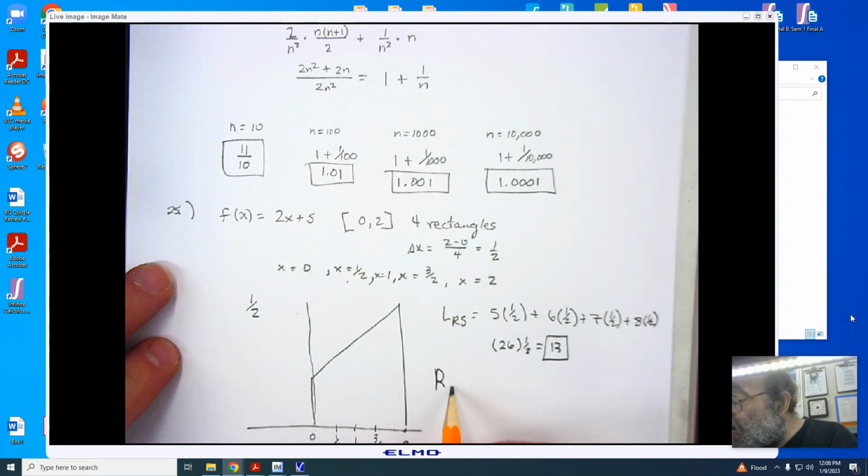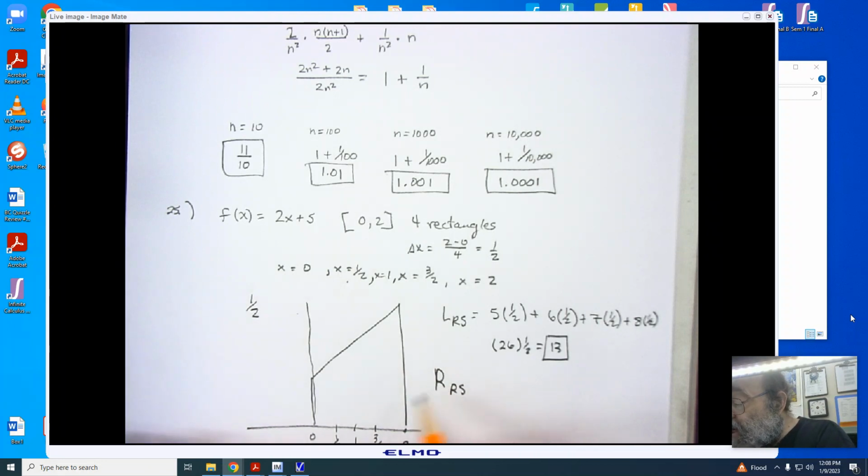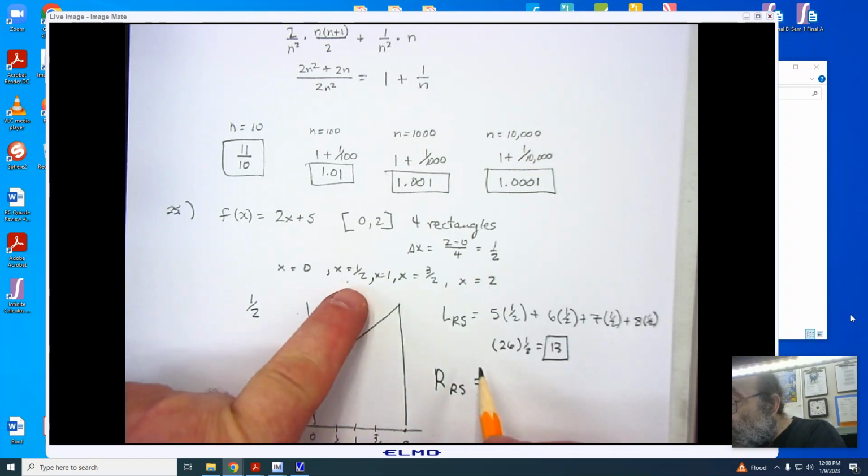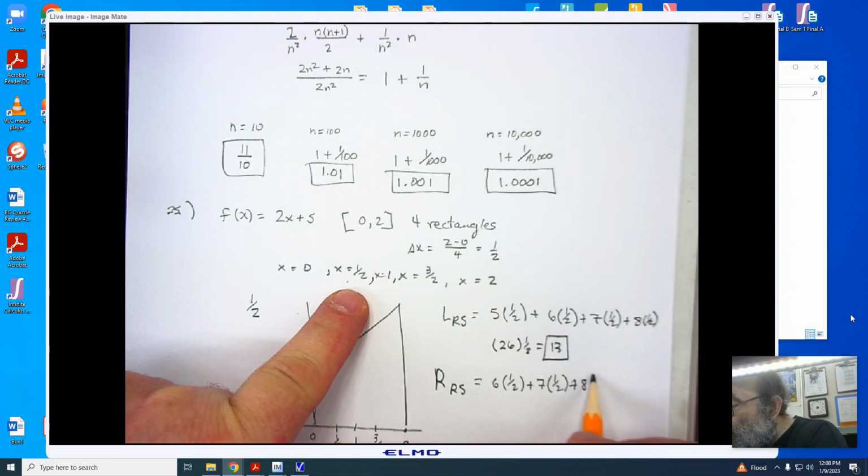Let's now go for our right Riemann sum. This is now working with this height. Notice it's going to be an over approximation. So I'm now plugging in 1/2, and that's going to give me the 6 length 1/2, plus 7 length 1/2, plus 8 length 1/2, and then I'm going to have a 9 length 1/2.